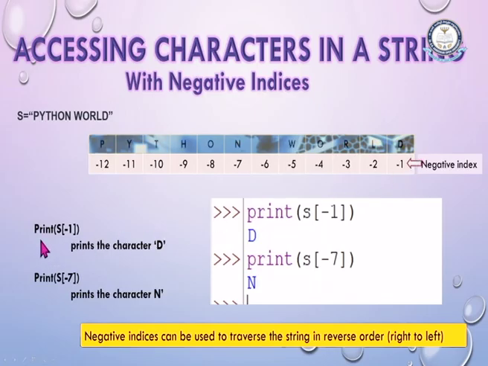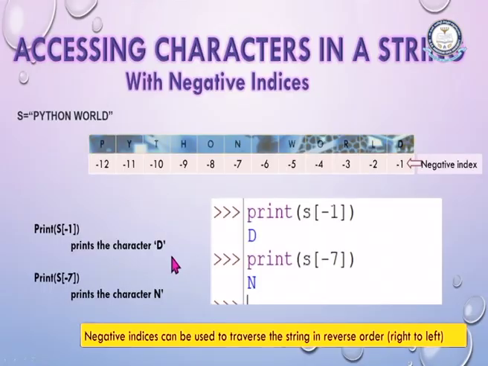Now, if I write print s of -1, it is going to return the first character from the right-hand side, that is D. At -1 we have the character D, and if I write s of -7, you can see at -7 we have the character N. So, in this way we can also use the negative index for accessing the characters of a string.